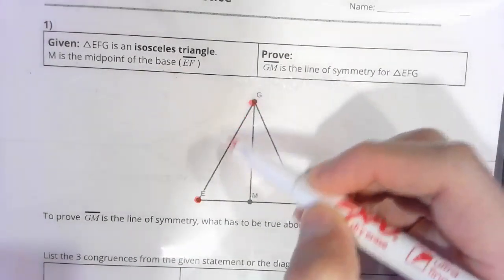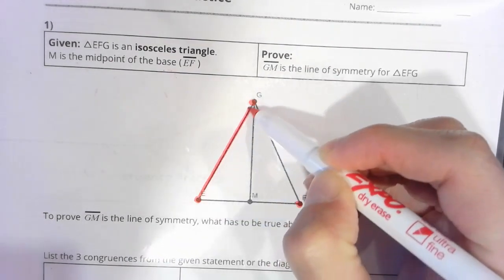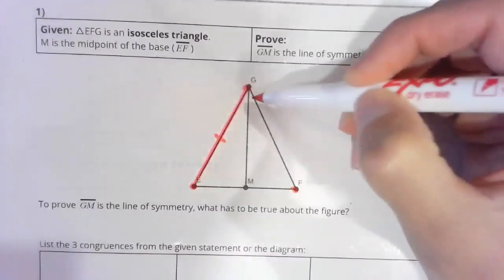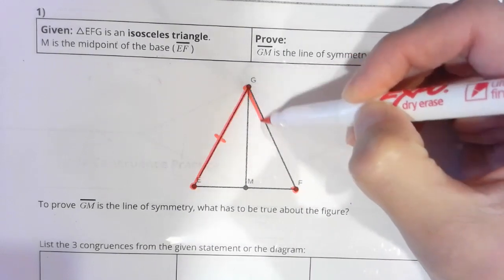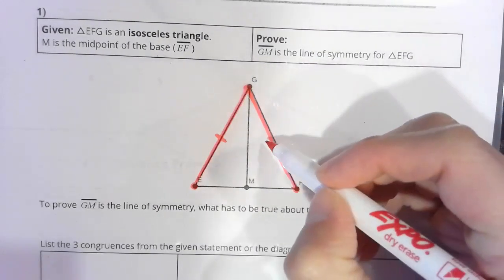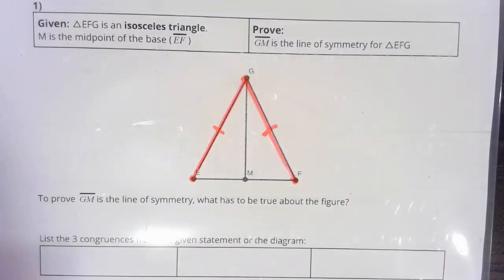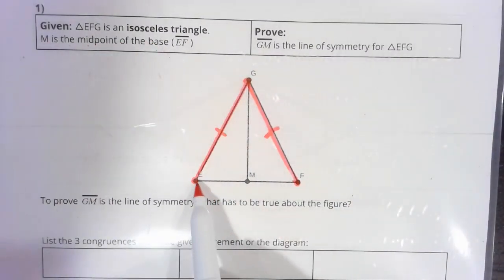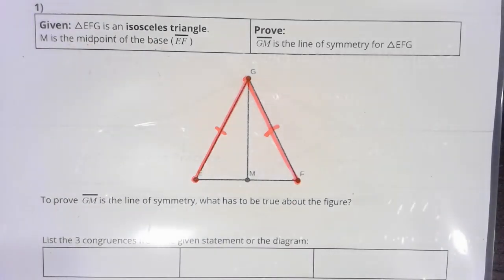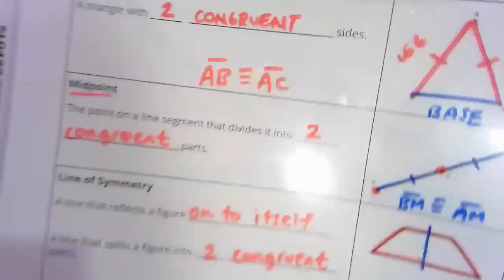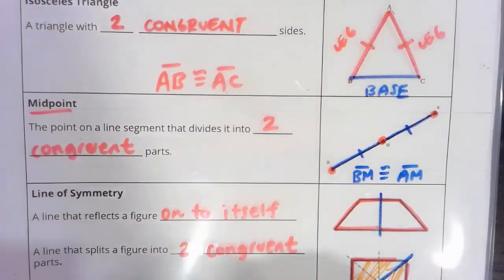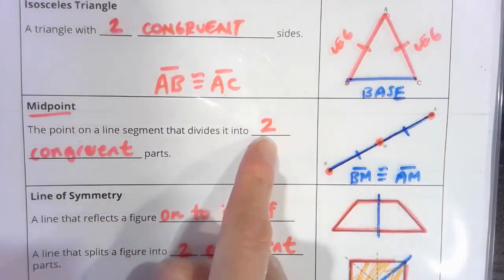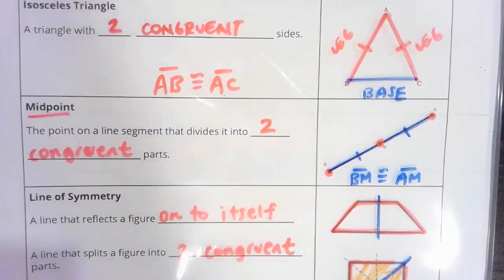So I know that EG is going to be congruent to FG. And it's also telling me that M is the midpoint of the base EF. Remember, a midpoint from our definitions on the first page is the point in a line segment that divides it into 2 congruent parts. It's exactly in the middle.